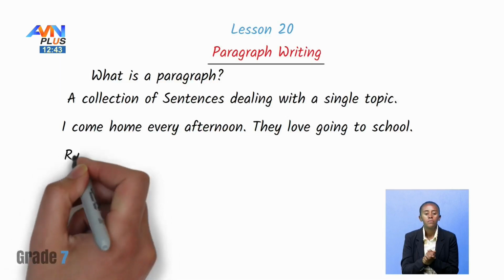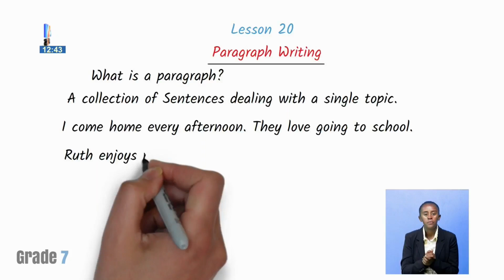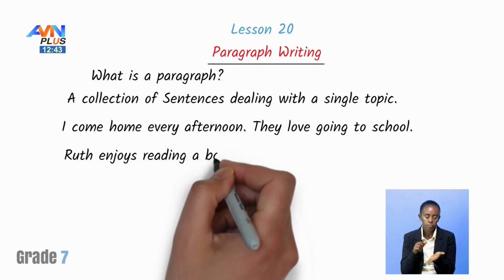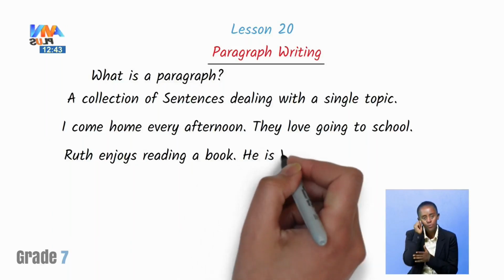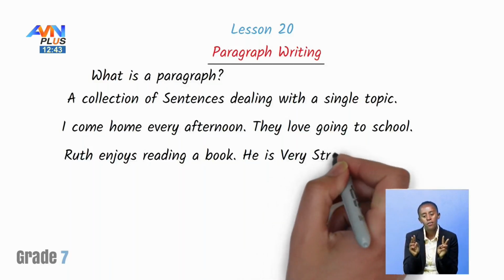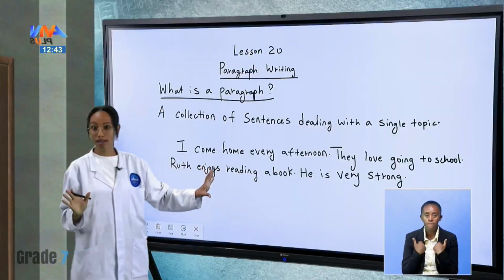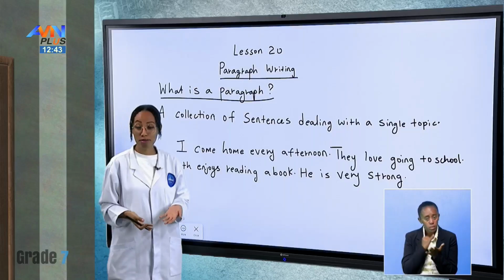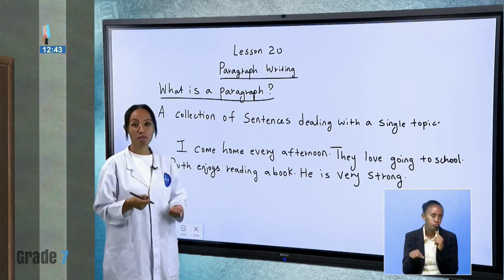Ruth enjoys a book. He is very strong. We have 4 sentences here. Can we say that it is a paragraph? Yes, you're correct. We cannot say this is a paragraph.